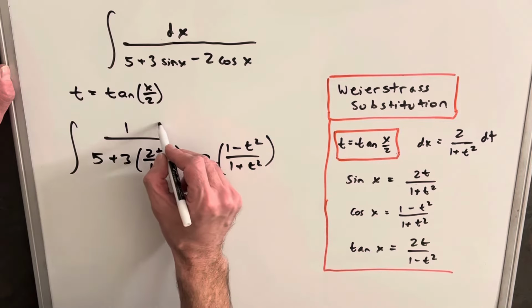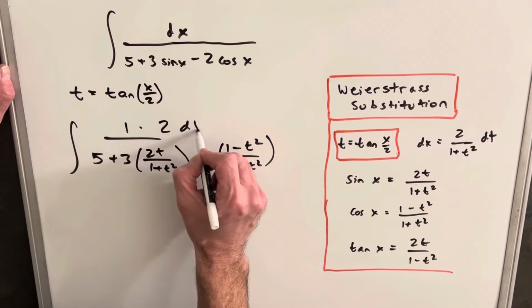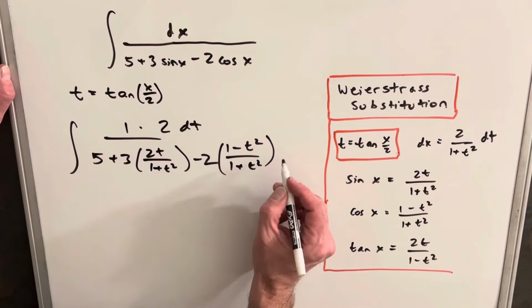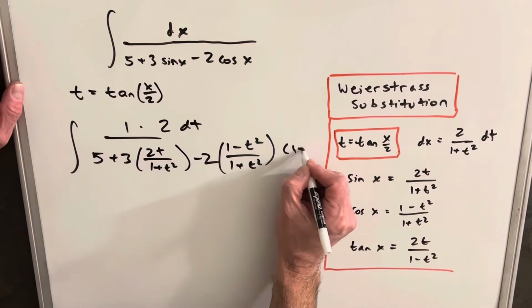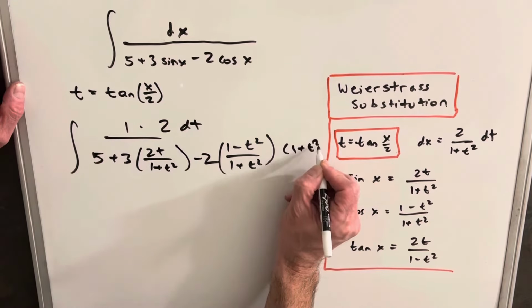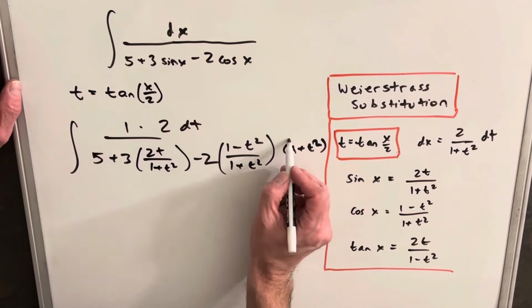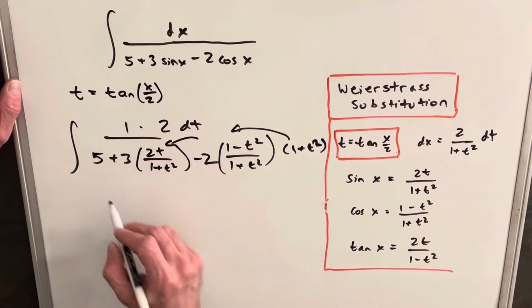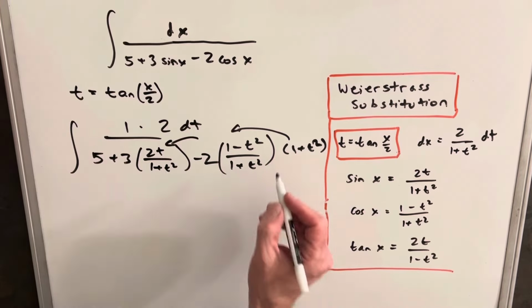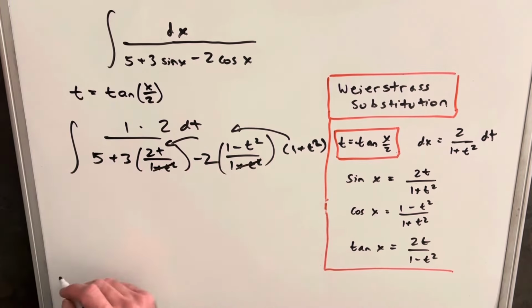I'm just going to write it as a 2 dt in the numerator, and then we'll have a 1 plus t squared over here. And then we're just going to use that and distribute it all the way through. When we distribute it, we're going to have a cancellation here and a cancellation here.